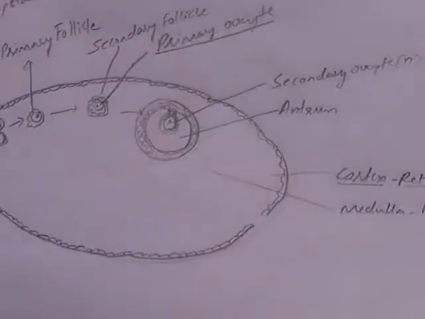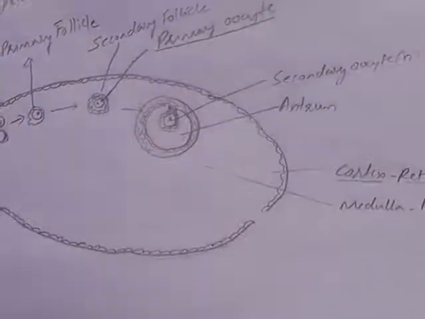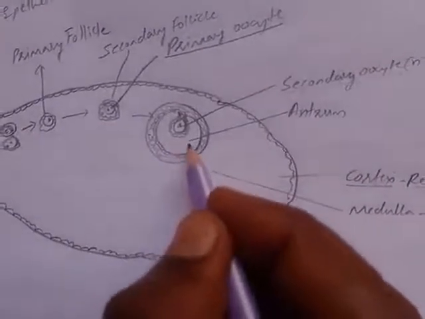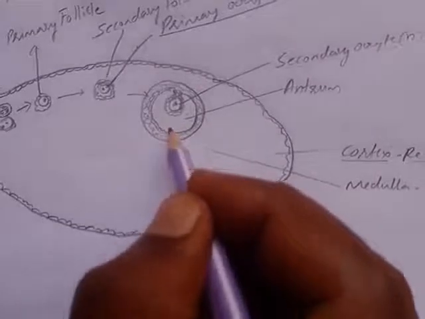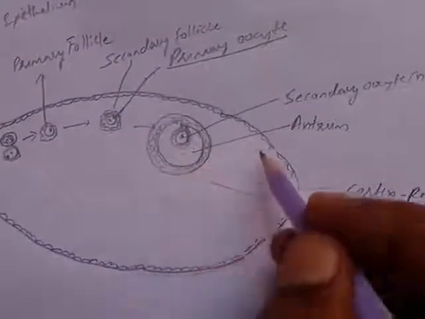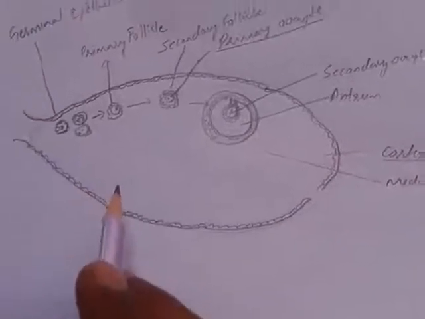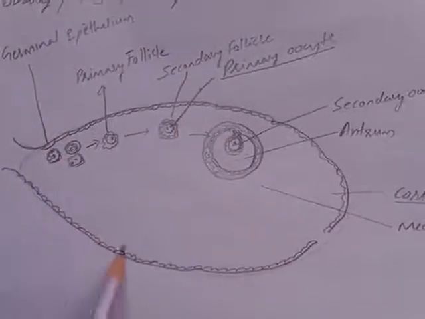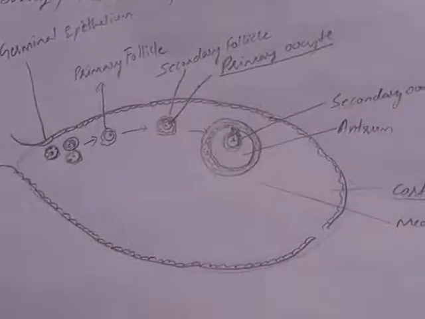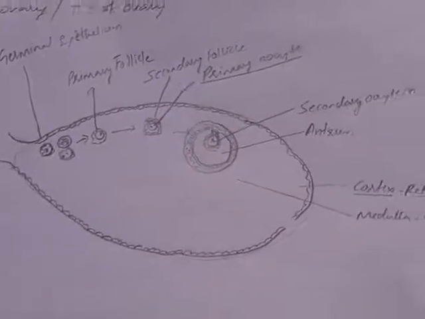Here the antrum is filled with a fluid called the liquor folliculi. No need to mention it here because we are concentrating on the structure of ovary, and those details we can study in the Graafian follicle.